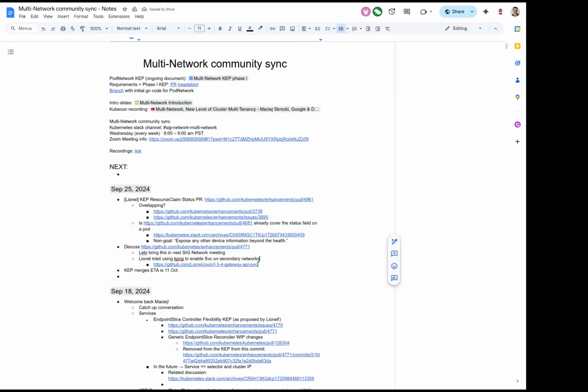So the idea was to run the service inside the gateway of Gateway API, multi-network. In the gateway of Gateway API, you have this infrastructure field where you just put the secondary interfaces. So far, annotations and labels are supported. Multus works with annotations and labels, so it was easy to do that.